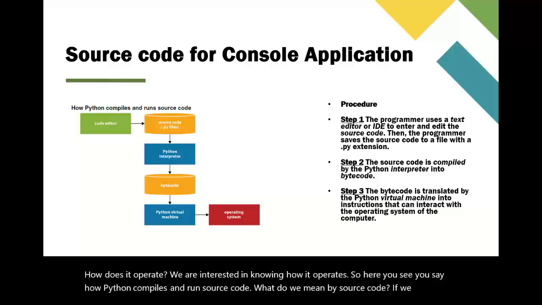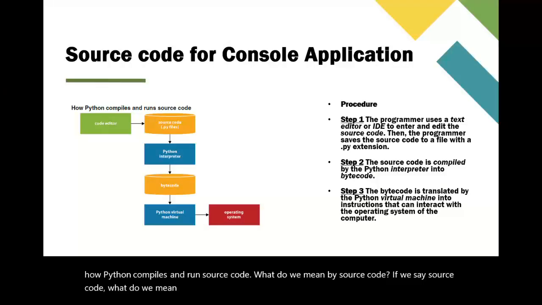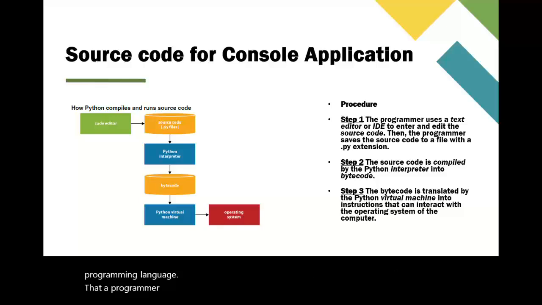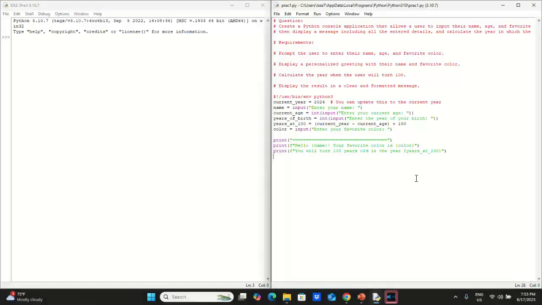A source code is a set of instructions written in a programming language that a programmer uses to create a computer program. That's the meaning of source code. When you write source code, everything we did here, everything that we've written under this editor here, is called source code.